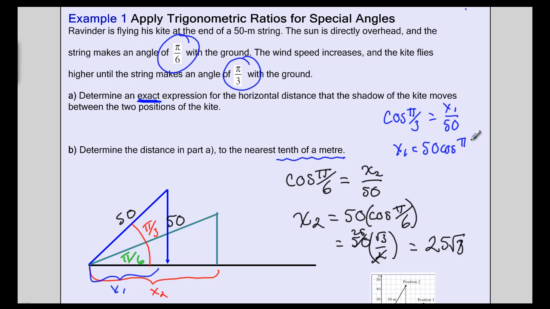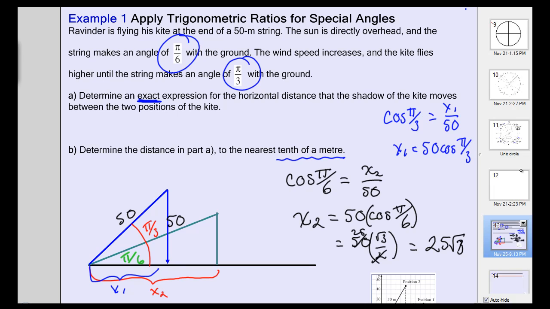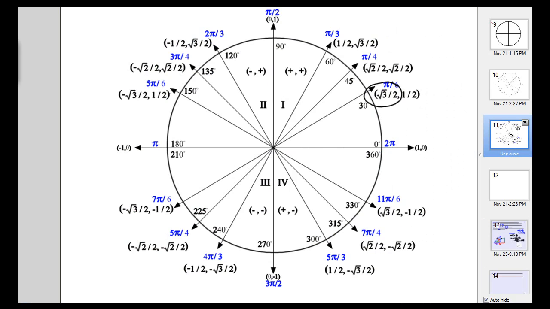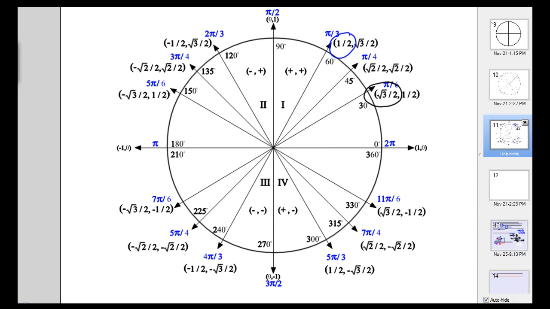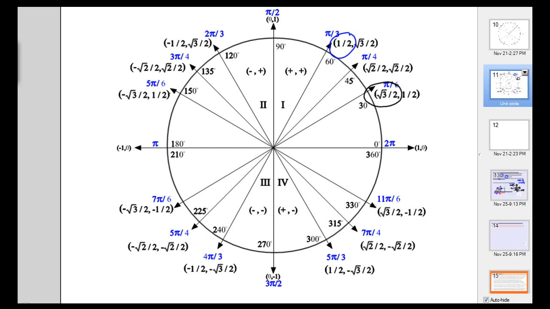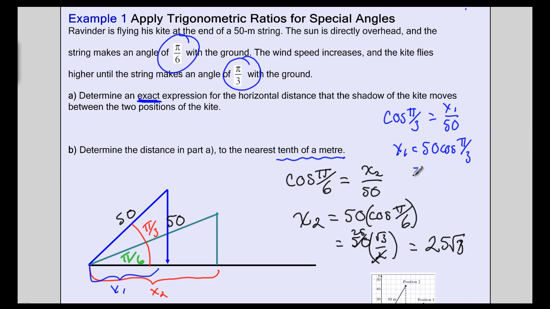This time I'm going back to my unit circle and I'm trying to find the cos of pi over 3. Well, here's pi over 3 and the value is 1/2. Take that, replace it, and I have 50 times 1/2, which is equal to 25.